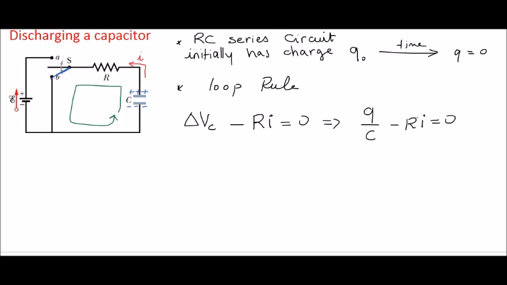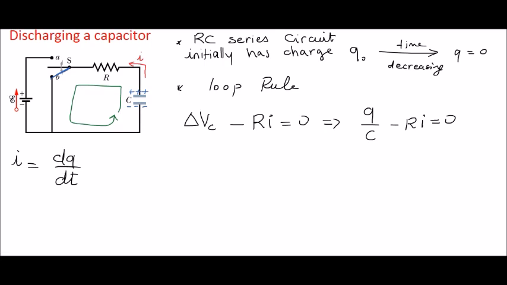And we want to solve this equation, but we need to write I as a function of Q. Well, like we did before, I equals dq over dt. But not exactly. Why is that? The charge is decreasing. We have a decreasing charge. When the charge decreases, dq over dt is negative.